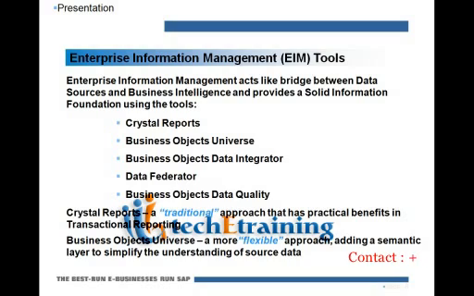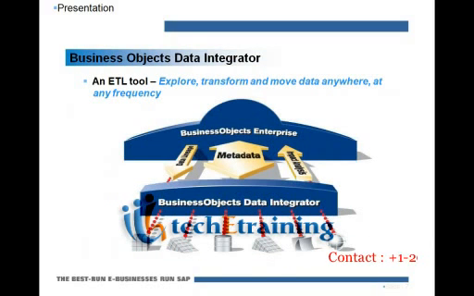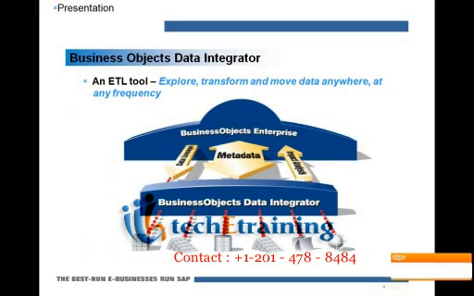Now, Data Integrator or Data Services is able to connect to different objects, your cube structures or your DSOs or your table structures or flat files or web services. So it's able to connect to all of these, like any other ETL tool, and then it is able to extract data from there. And then that data will be pushed to a consolidated database over which you have the Business Objects Enterprise, right?